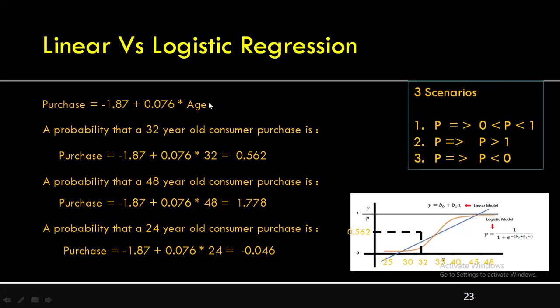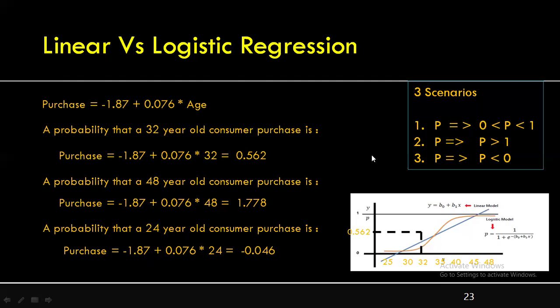In this case, we are predicting the probability. For example, what are the chances that a 32-year-old customer is going to purchase from us? If you plug in 32 in place of age, you get 0.562, which is almost 0.60. The probability of a 32-year-old customer purchasing from our business is almost 0.60.